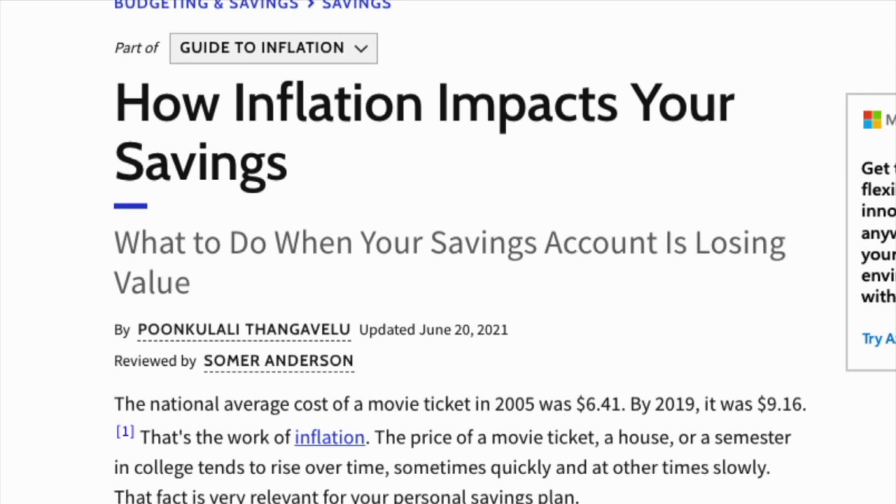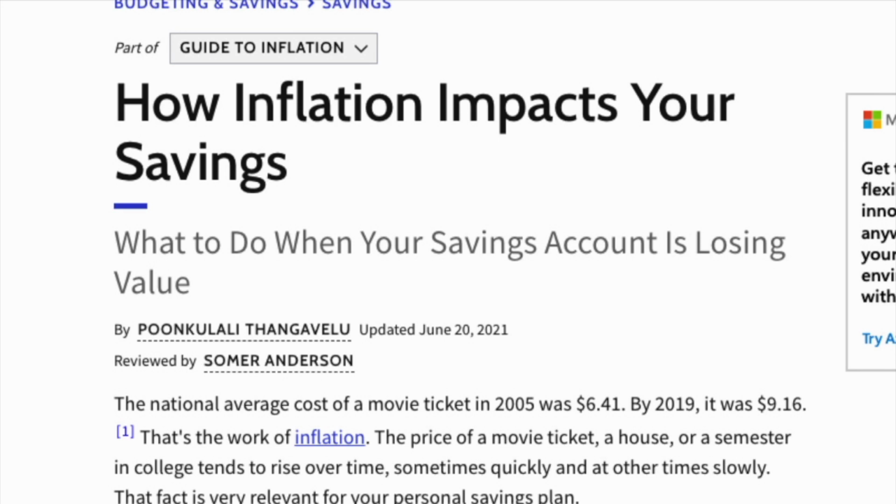Now, I wish a movie ticket was still that cheap because at times I even pay $18 to go see a movie. But what that really means is that if we're just saving and storing our dollars underneath a mattress, we're not actually putting it to work. And if we want to use it at a later period in time, say in this case 14 years later, it doesn't have that same value.